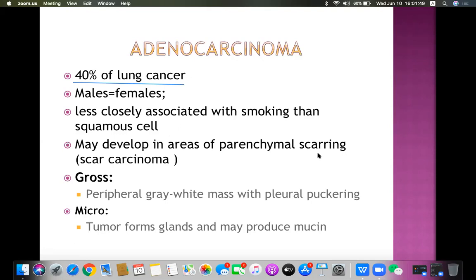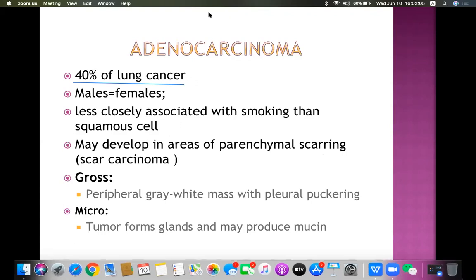Sometimes if a lung has a chronic disorder which can result in extensive fibrosis or scar formation, from that scar a malignancy may develop. Now we call it scar carcinoma, and that is also adenocarcinoma of the lung. Okay, so these are some of the important points.